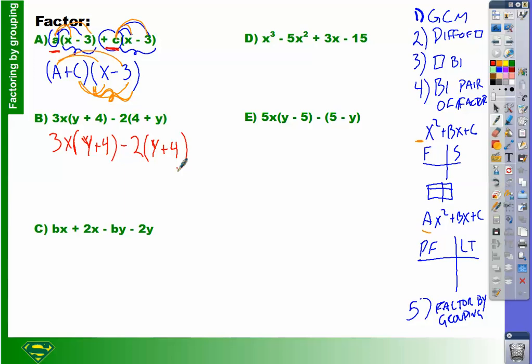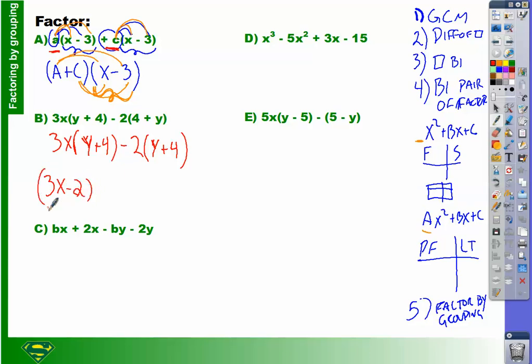So now that we have identical binomials, we can factor this appropriately. What is going to be a simpler way of writing 3x times y plus 4 minus 2 times y plus 4? Jenna? The quantity 3x minus 2.